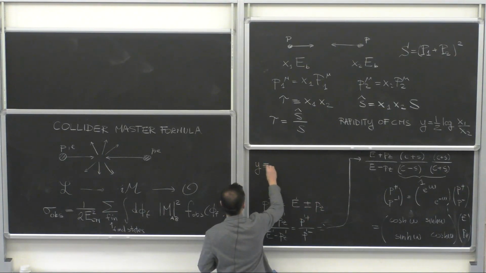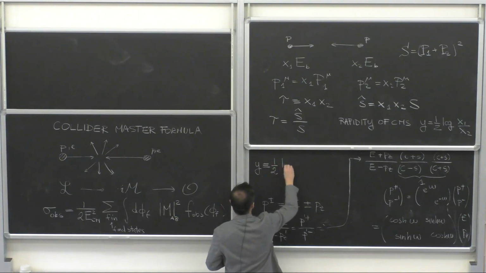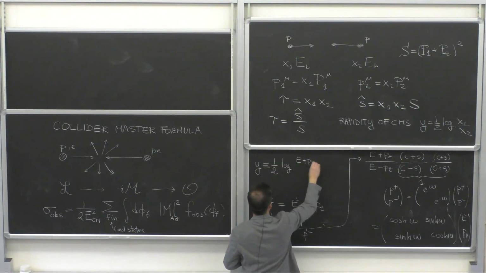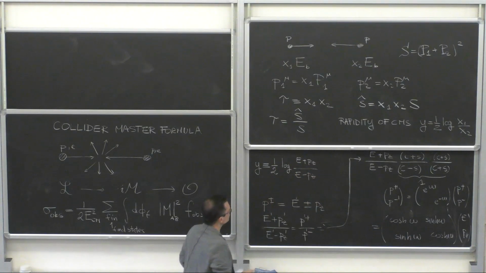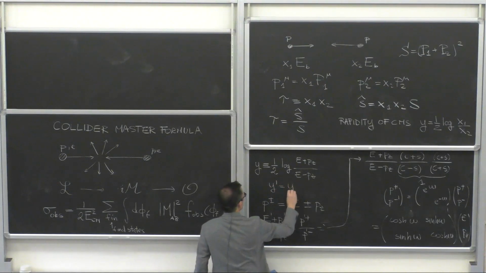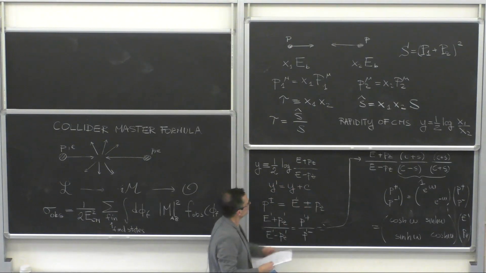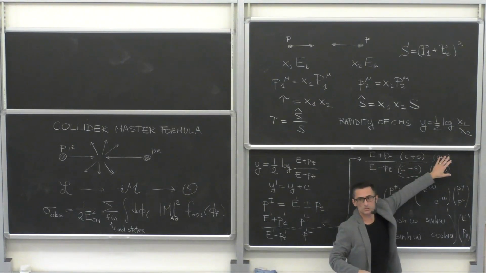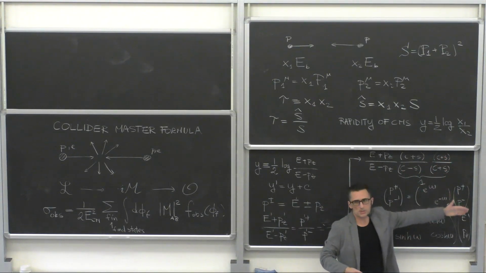So the result of this is that if I define a quantity which I call rapidity, 1/2 log of E plus PZ over E minus PZ, this quantity under a Lorentz boost changes by a constant, because the log stays the same and then is multiplied by a number, and this number I put plus a number.